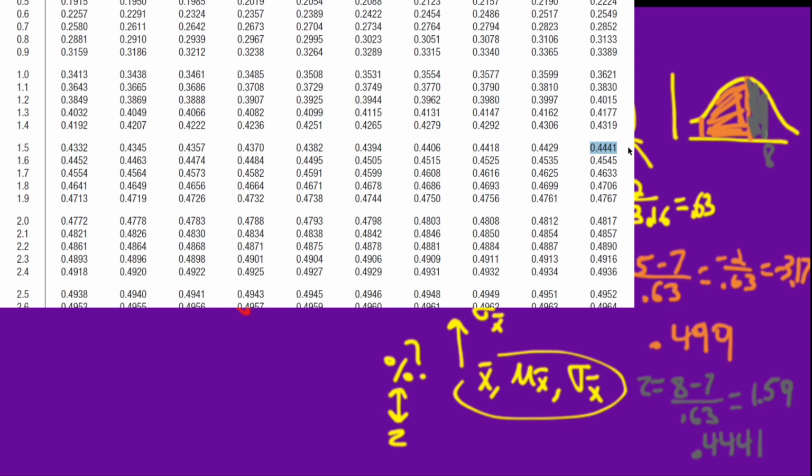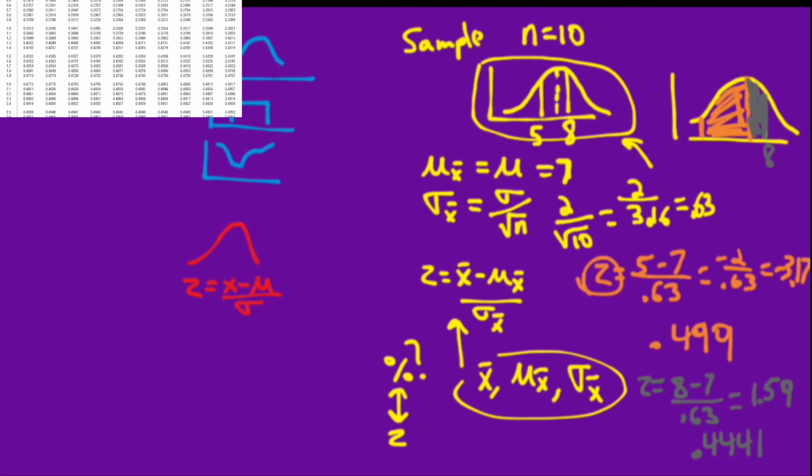Okay, so when we take this back, we want to then add these together, right? So we're interested in both halves here. So our final answer is going to need to include both. So 0.4441 plus 0.499, we called it 4990. It's probably more than that slightly, but we'll go with that.